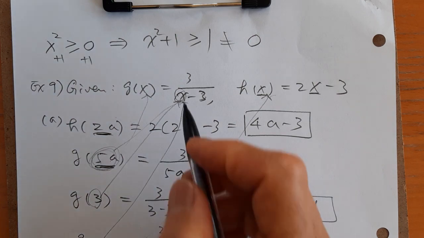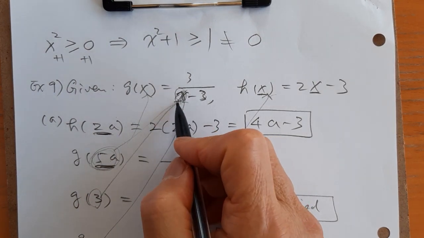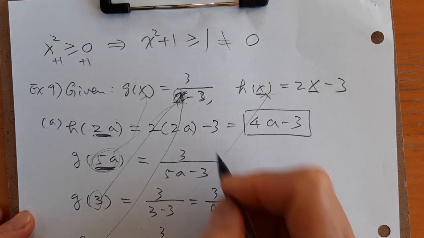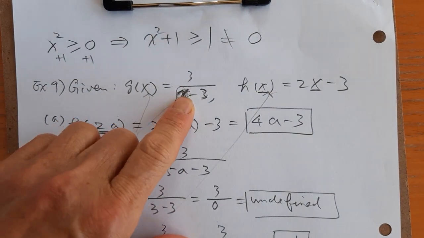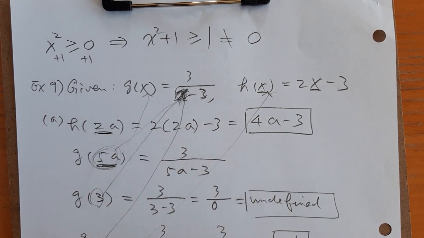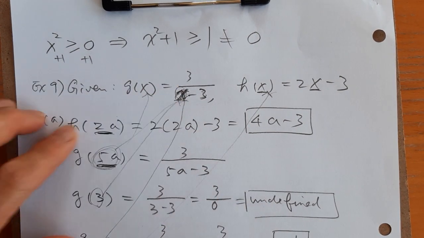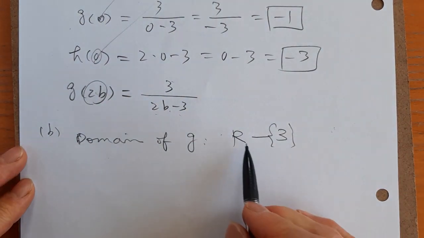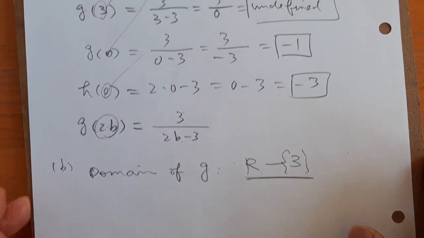So what x can you put in and have a function value? It is all the real numbers except 3, because 3 will make the denominator equal 0. Division by 0 is undefined. So no function value when x equals 3. So it's all the real numbers except 3. It's R minus the set 3.